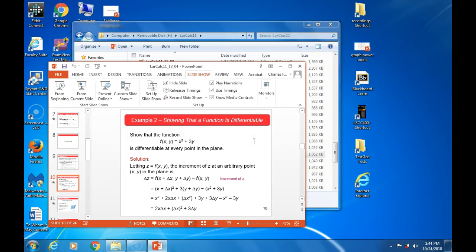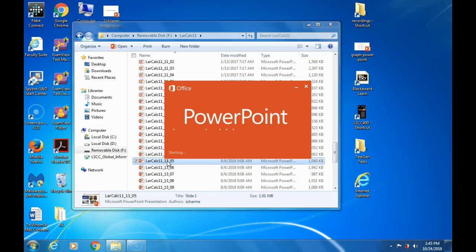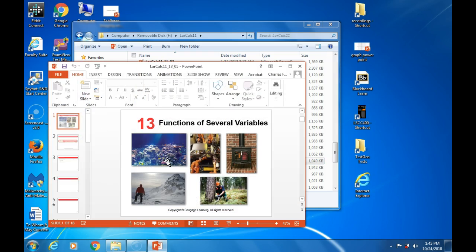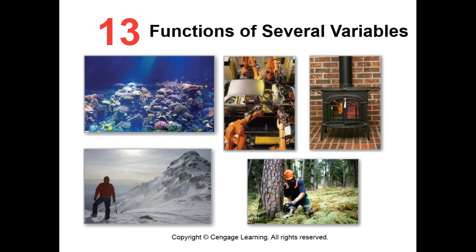Okay. Do we have time to go to 13.5? Probably won't get much done on it, but let's at least go to 13.5. Go from current slide.